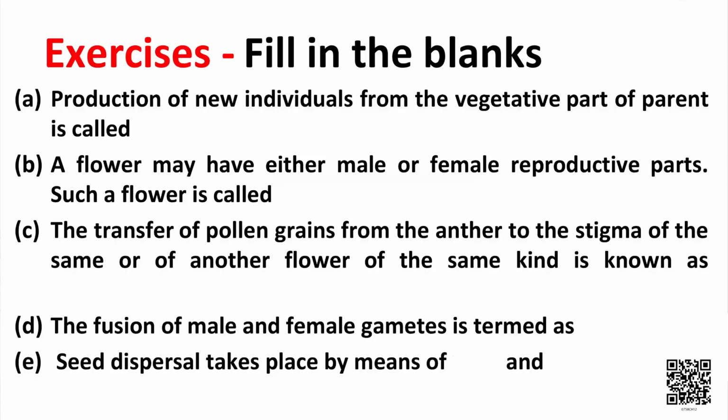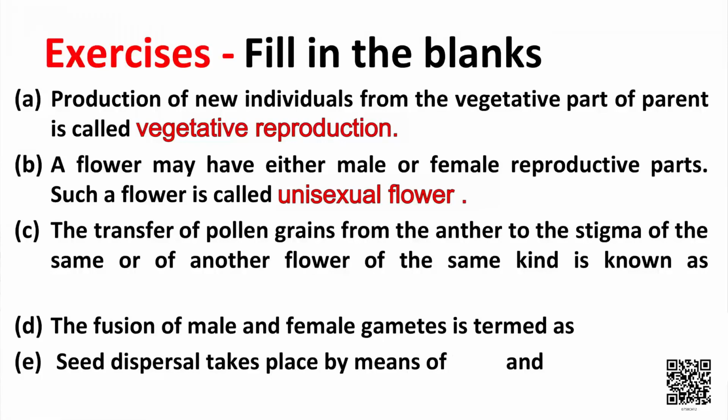So students, now on to the first question of the exercise part, which is fill in the blanks. A. Production of new individuals from the vegetative parts of the parent is called vegetative reproduction. B. A flower may have either male or female reproductive parts. Such a flower is called a unisexual flower.